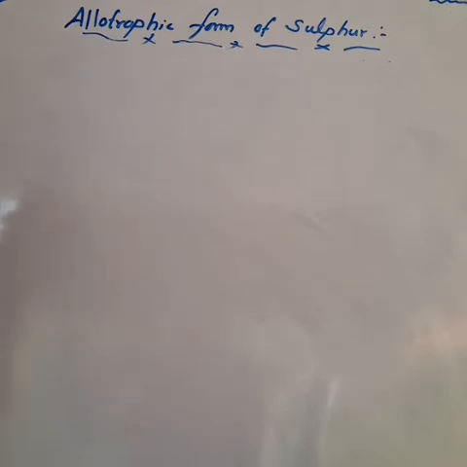Rhombic sulfur is otherwise called alpha sulfur. It is one of the stable allotropic forms at room temperature and pressure.